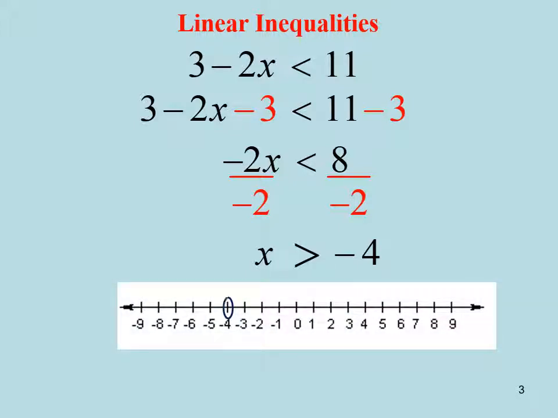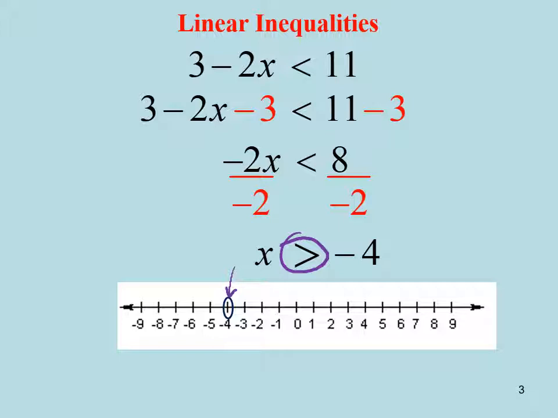We'll finish this by drawing the graph of the inequality. We locate the -4 on the number line. The inequality symbol tells us what sort of symbol to use on the -4.